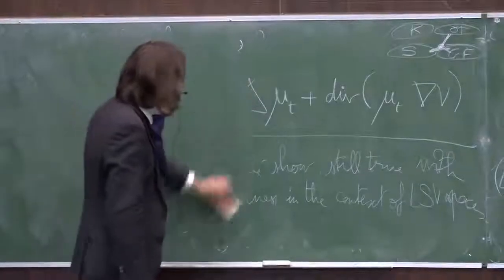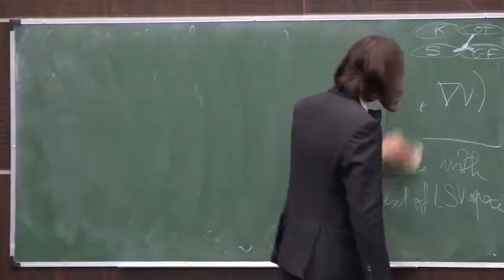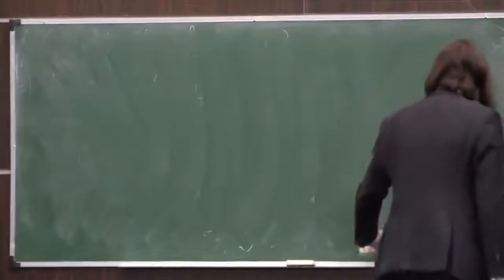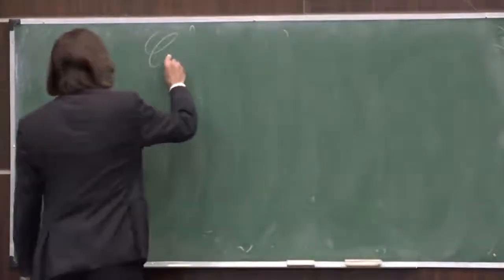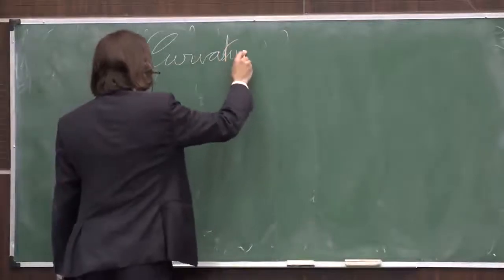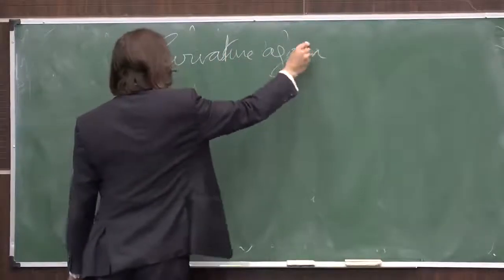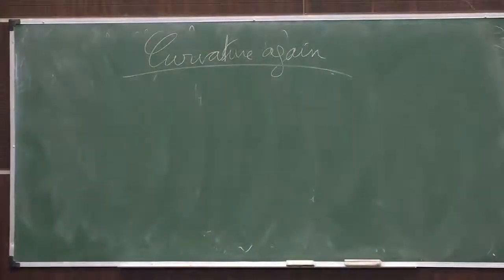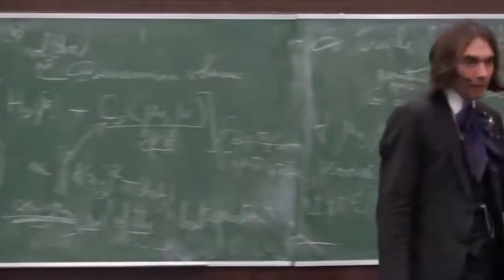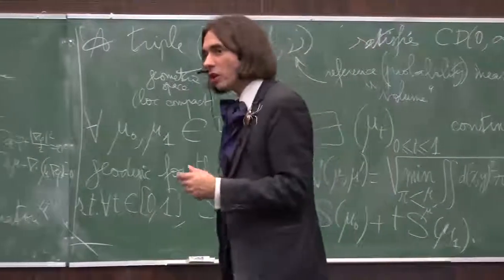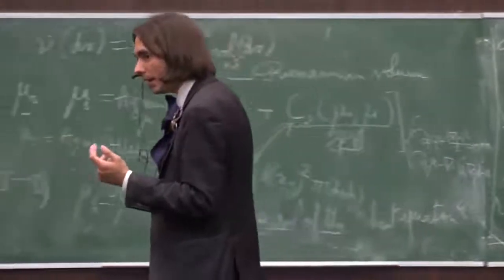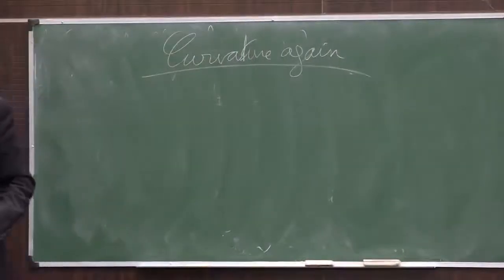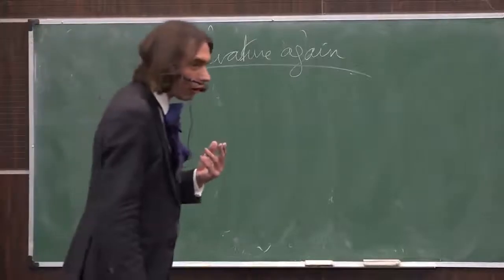Now, let's get back to curvature. How do we translate the basic meaning of curvature, the definition which was recalled at the beginning of the lectures, into something with which you can work, and in particular, compute distortions of volumes?